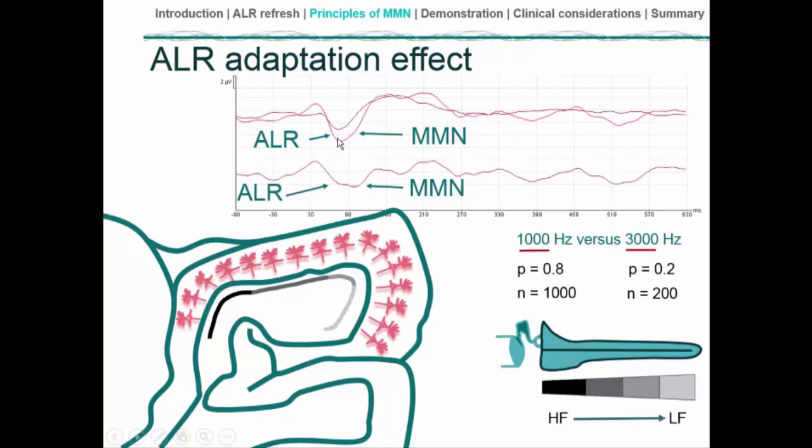So what I want to illustrate here is, let's for example imagine that the 1000 Hz stimulus stimulates this region mostly on the basilar membrane here, and this region on the basilar membrane is represented at the cortex by this population of neurons up here. So these populations respond mostly to a sound of 1000 Hz. And of course that 1000 Hz sound, being the standard, is presented very frequently.